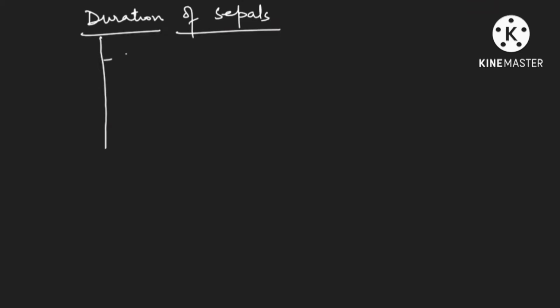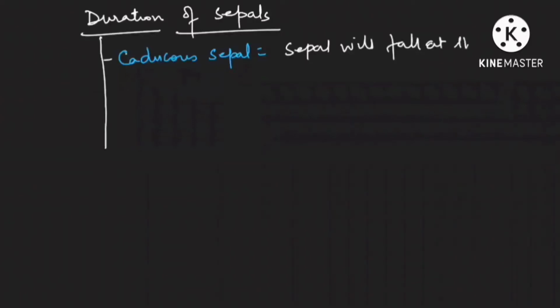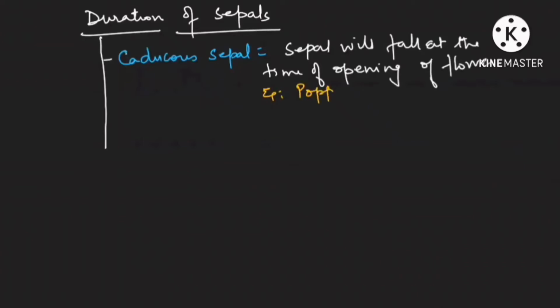This condition is known as caducous. Caducous sepal means the sepal will fall at the time of the opening of the flower. An example is the poppy plant.